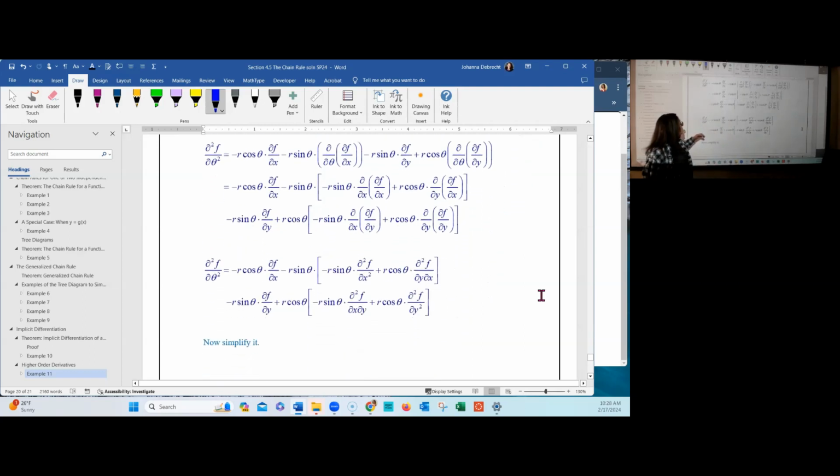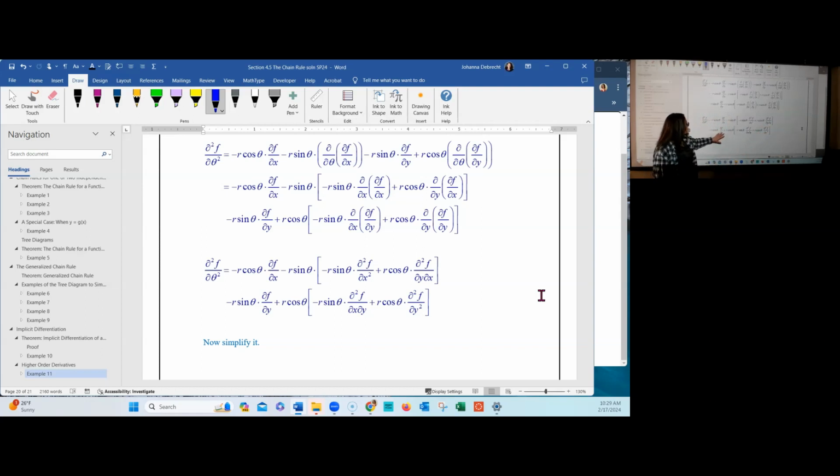When we look at the simplification, we've got r cosine theta multiplied by the first partial of f with respect to x as our first term, minus r sine theta times, and then this was the formula that we applied for the partial derivative with respect to theta, which is minus r sine theta multiplied by the second partial of f with respect to x both times, plus r cosine theta times the second partial of f, first with respect to x, then with respect to y.